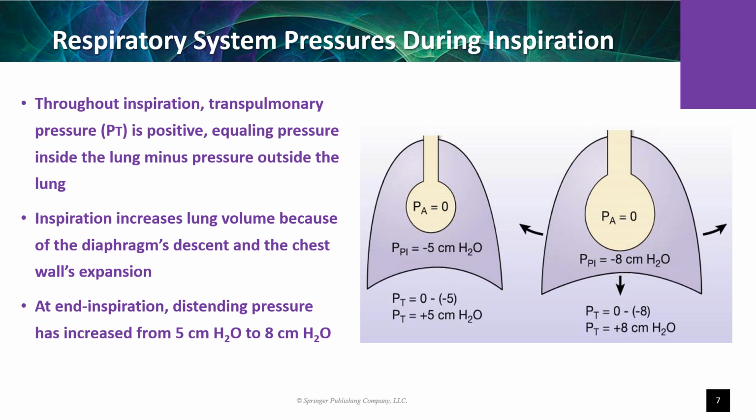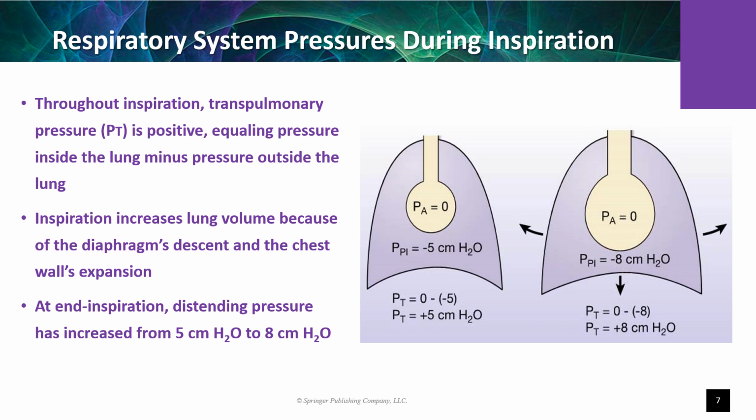Therefore, the distending pressure holds the lungs open. The distending pressure holding the lungs open is the pressure inside the lungs minus the pressure outside the lungs, or +5 centimeters of water.